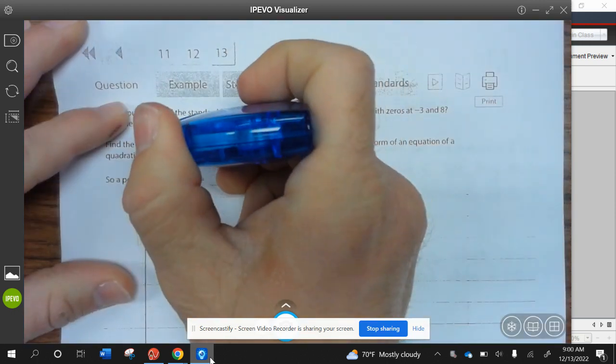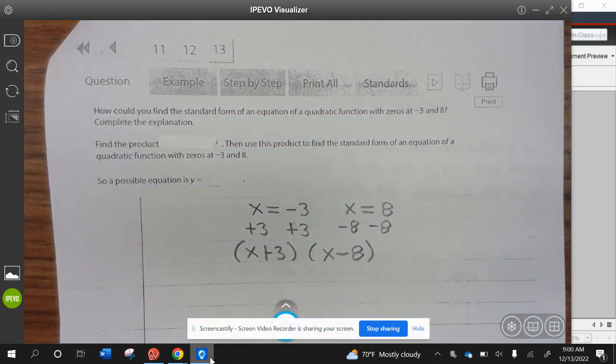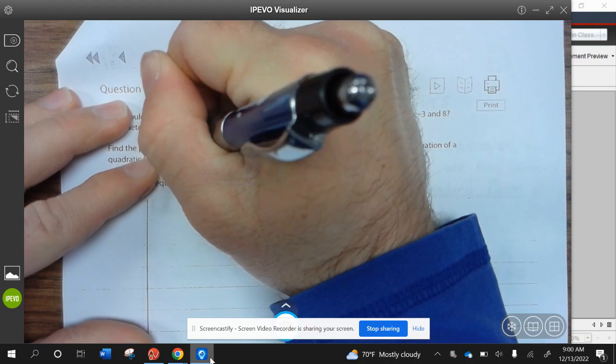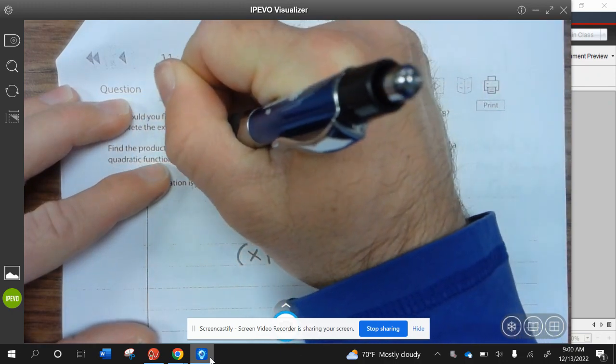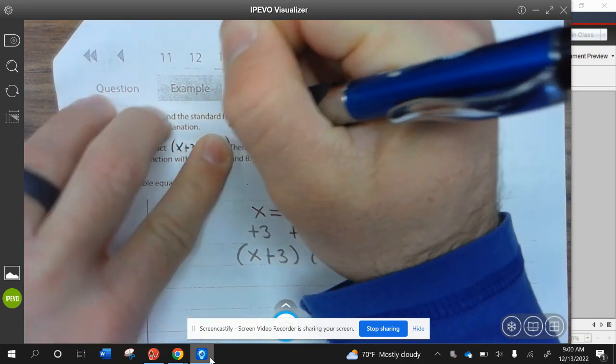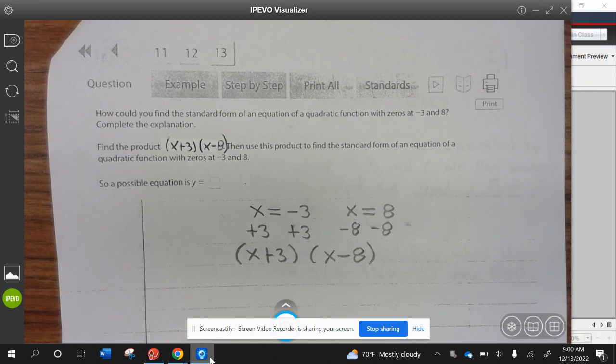So the product is x plus 3 times x minus 8. Now use the product to find the standard form of the equation of the quadratic function.